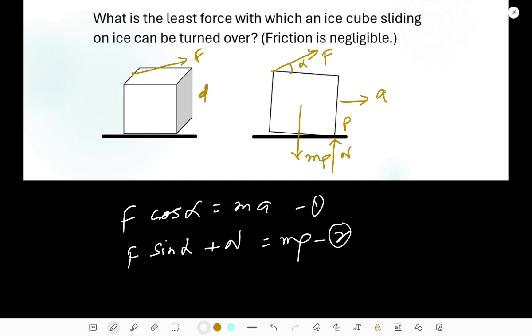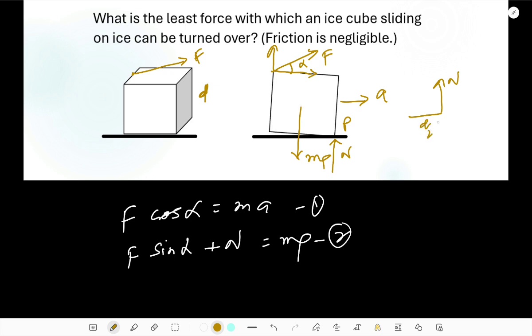And at the center of mass of the cube, the components of F, that is F cos alpha and F sin alpha, are creating torques. Gravity is not, and normal is creating torque. About the center of mass, normal is creating a torque like this.